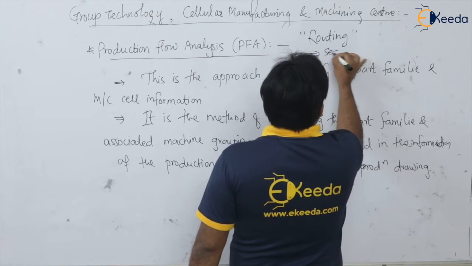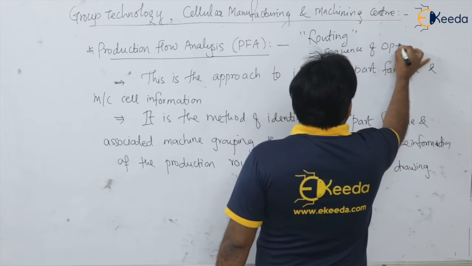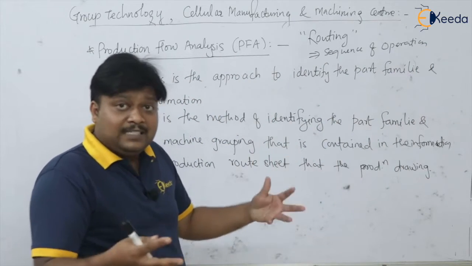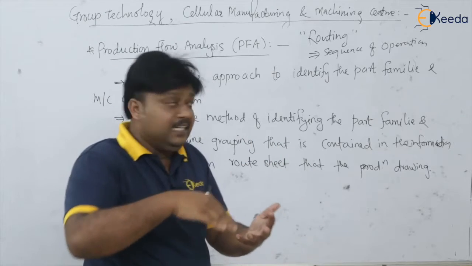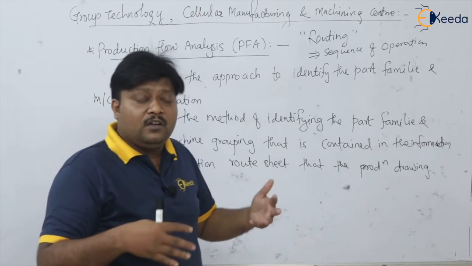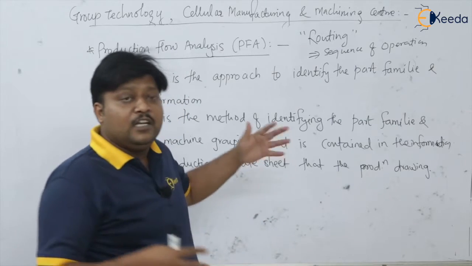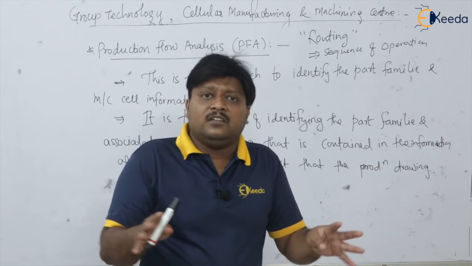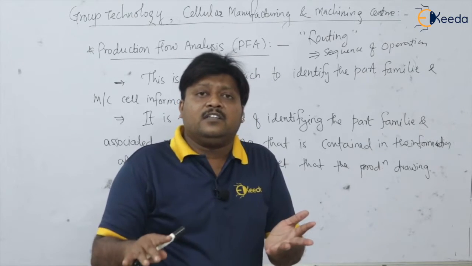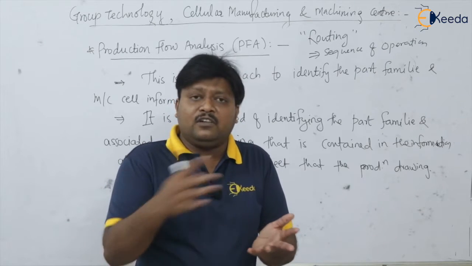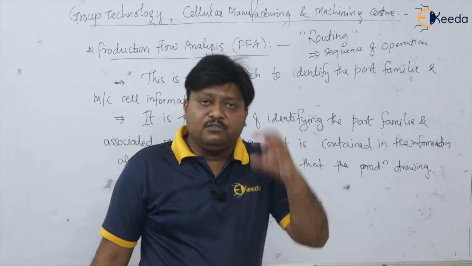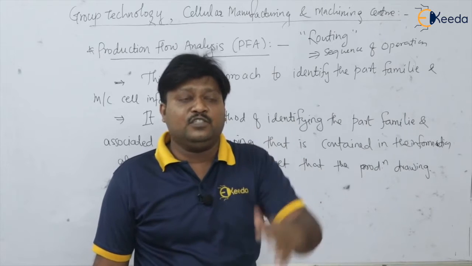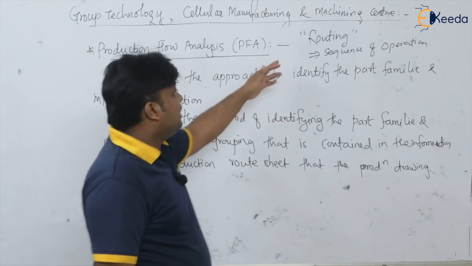So based upon the sequence of operations, if the parts have similarity in their routing, we make these part families. We are not interested at all in the design of that product. We are not interested in the paperwork, but we are interested in the manufacturing sheet, how it is going to be manufactured by using the various steps and processes.